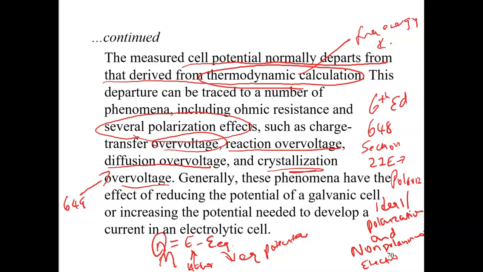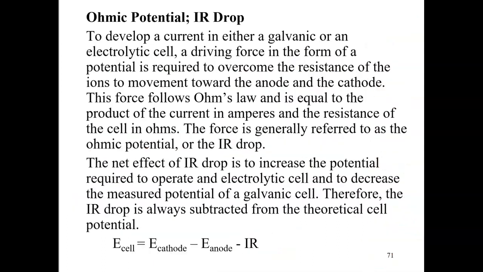the next thing that we are going to talk about briefly here is the ohmic potential or ohmic drop, and this is actually the resistance that I'll be talking about here. So the current and resistance of the device that you are actually using to measure the potential. So this is your cell.